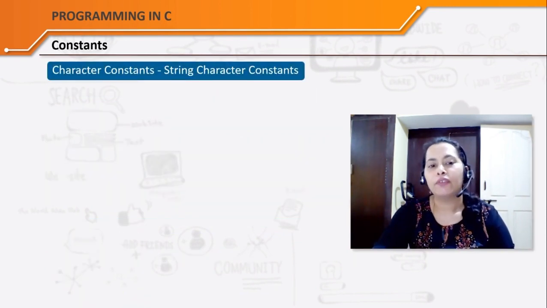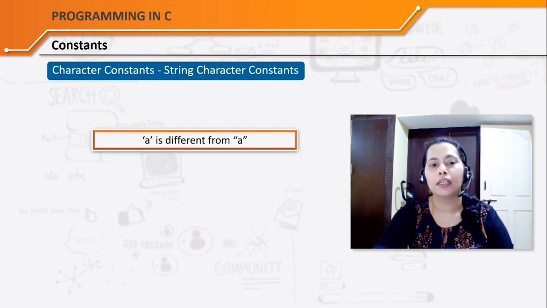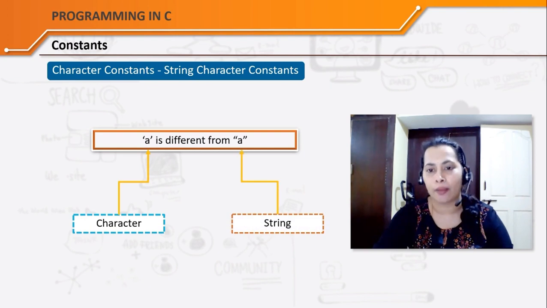And we also have to note that the letter A in single quotation marks, which is a character, is different from the letter A in double quotation marks, which is a string. So you can have even a single character enclosed within double quotation marks, which forms a string.